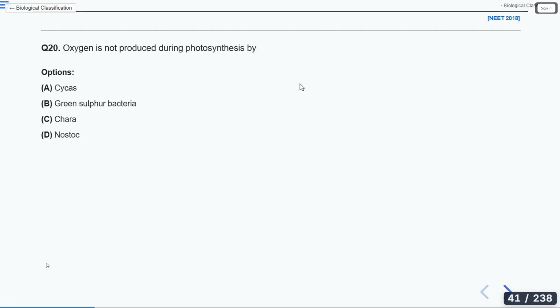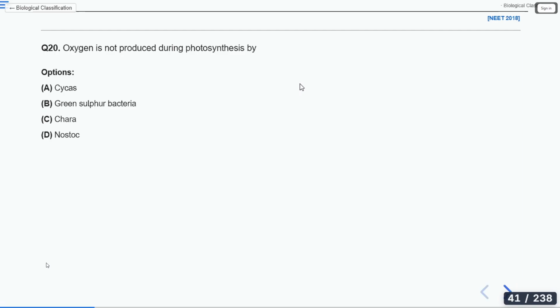What is Nostoc? Nostoc belongs to which group?